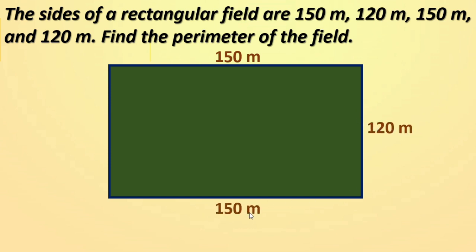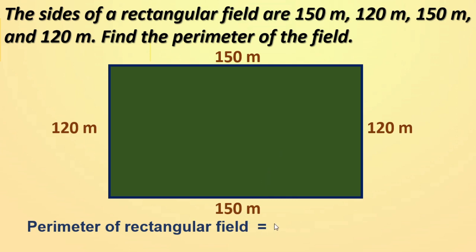Again this is 150 meter and this is 120 meter. We know that the opposite sides of a rectangle are always equal. So we have to write like this. Okay, 150, 150, opposite to each other. Here 120, 120. Okay, come on, tell me what is the perimeter of this field.